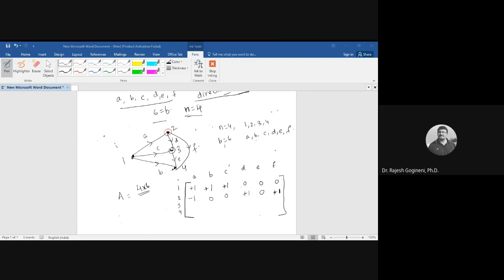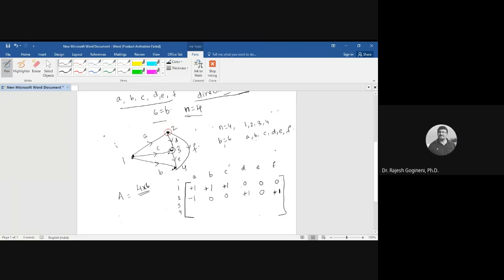Degree of a node means the number of branches incident on that node, right? So how many branches are incident here? 3. Please check once again.